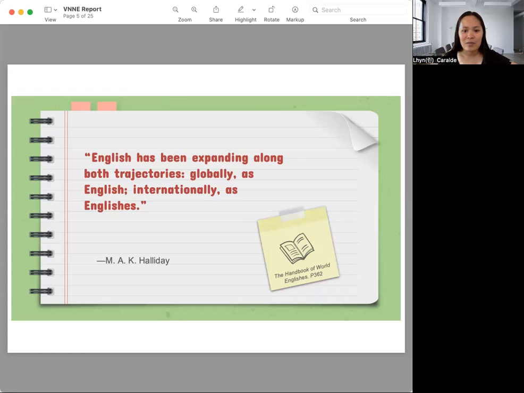So sometimes we are confused about global and international, but the words that we are using are internationally Englishes. One of the famous words or phrases that we have in the Philippines is Englishes already.